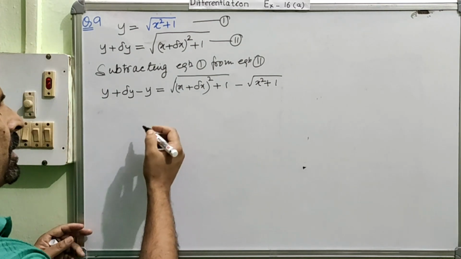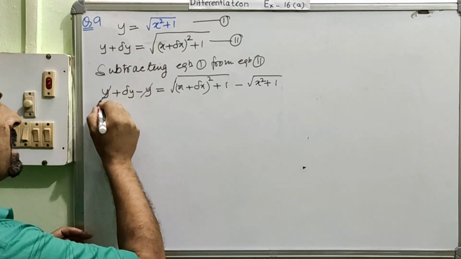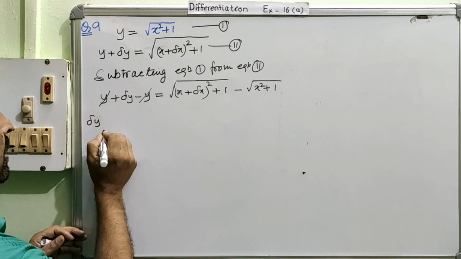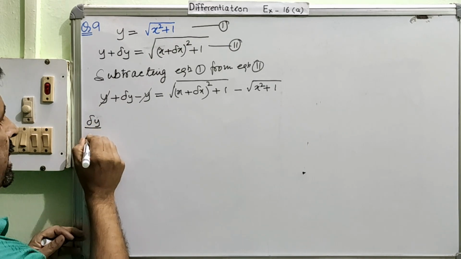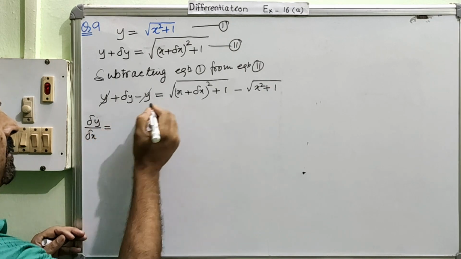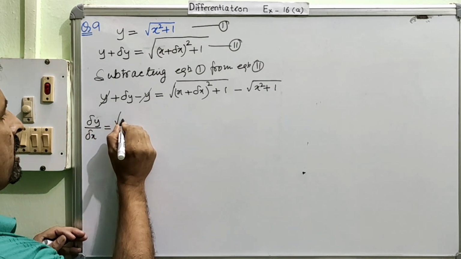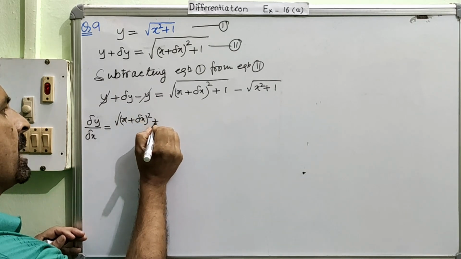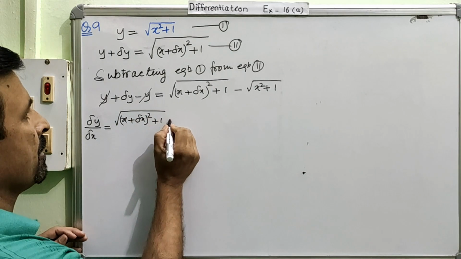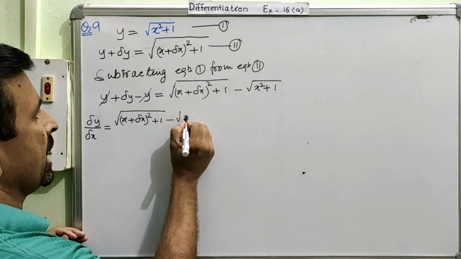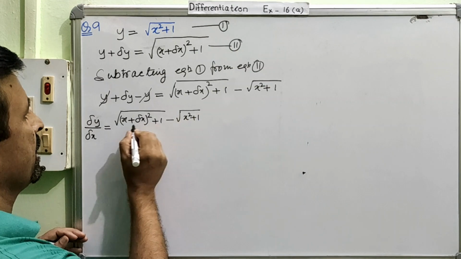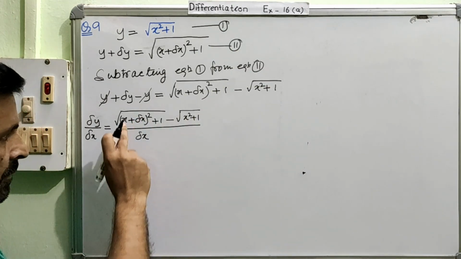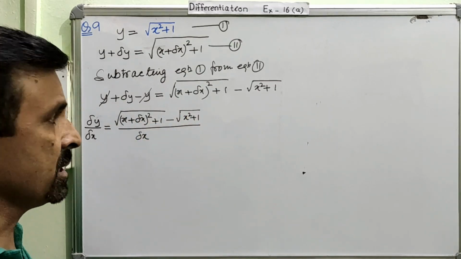Okay. Now the next step: y cancels, and after this we will write delta y, and at the same time I will divide it by delta x. Right hand side, this is root over x plus delta x whole square plus 1 minus root over x square plus 1, and then we divide by delta x. Now after writing this, we need to rationalize.